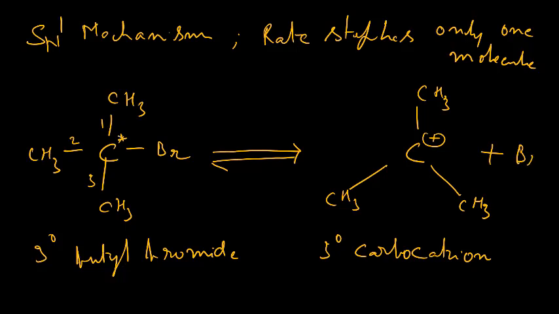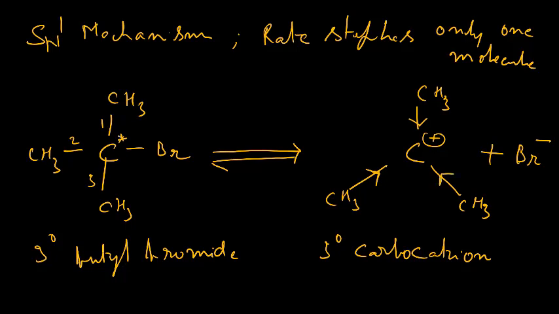What is a carbocation? If the carbon atom has a positive charge, it is referred to as a carbocation. Plus Br minus. The positive charge is established on the carbon atom. This positive charge is reduced by the electron releasing nature of these alkyl groups. Alkyl groups release electron density towards this carbon, from here also, and from here also.